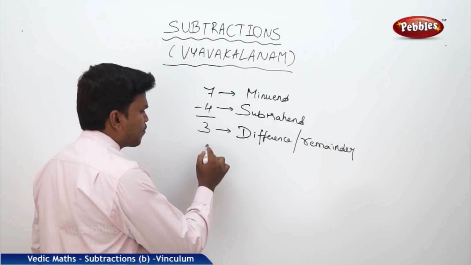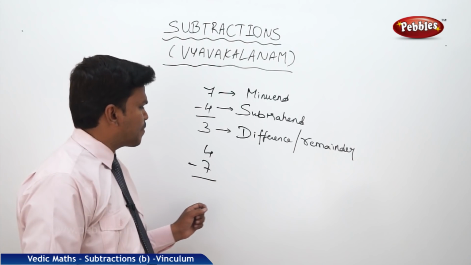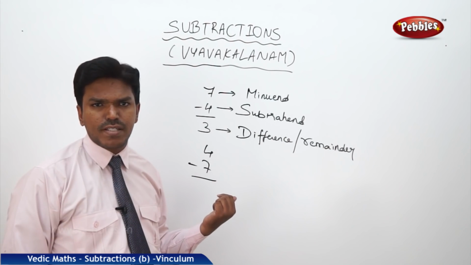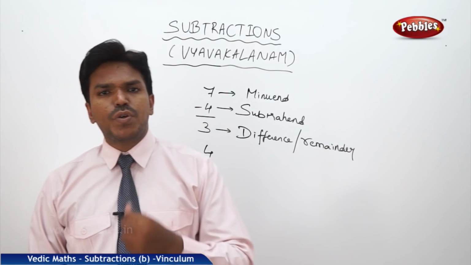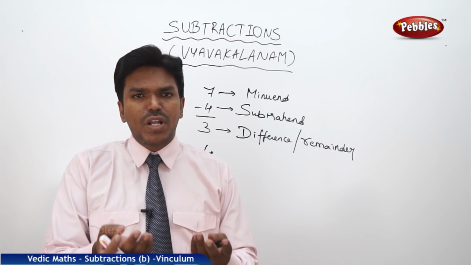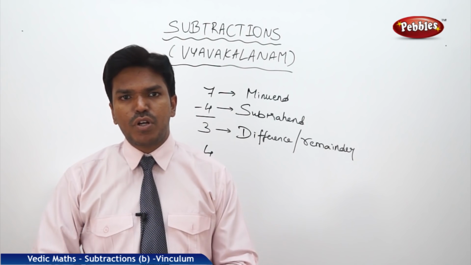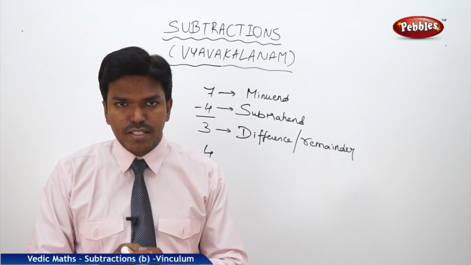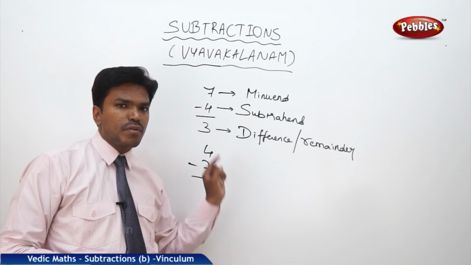Suppose I write it like this, 4 minus 7. This time, is the subtraction practically possible? Suppose for example you have 4 rupees, and your friend came and asked you to give 7 rupees. You don't have 7 rupees with you, so giving is not possible, subtraction is not possible practically. So in such conditions, we are going to subtract the above number from the below number.